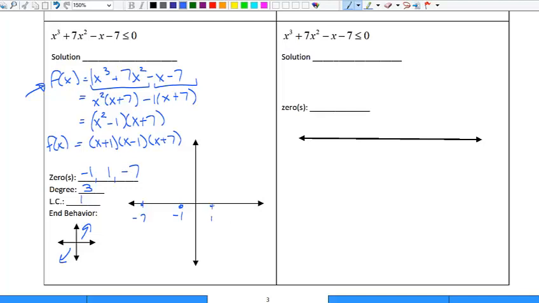So I have points here and my end behavior. There is no multiplicity on this problem, which means I'm just going to go through each one of my x-intercepts. Now let's go back and mark anything that's below the x-axis as negative, anything that's above the x-axis as positive, and zeros at my zeros or x-intercepts.